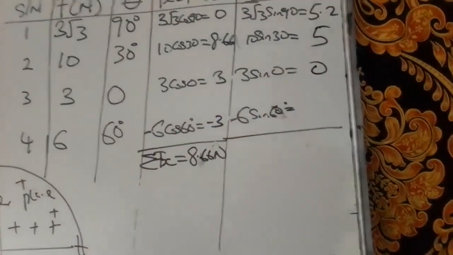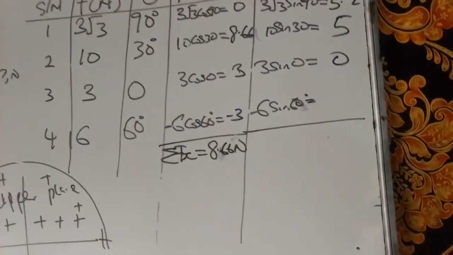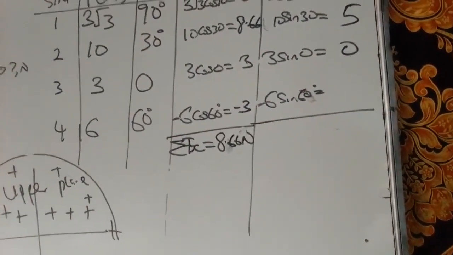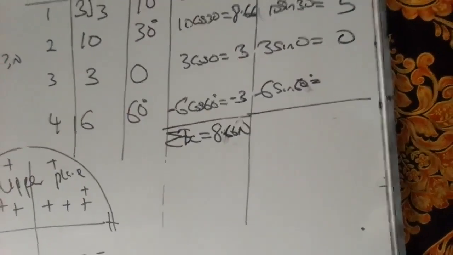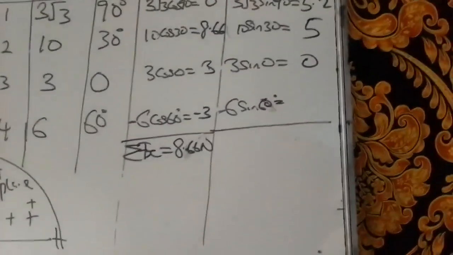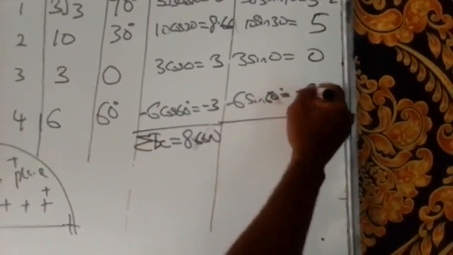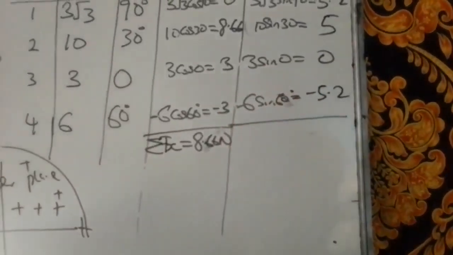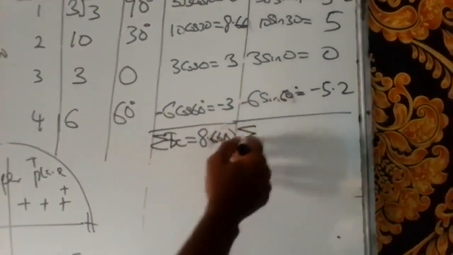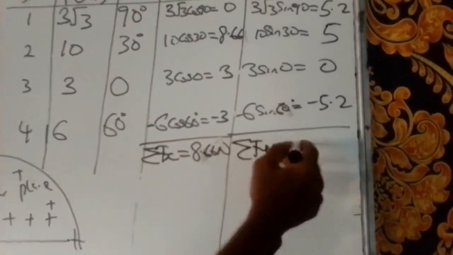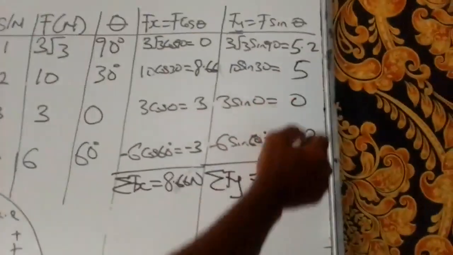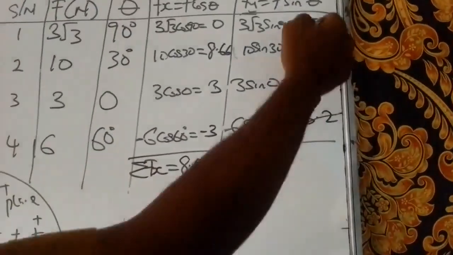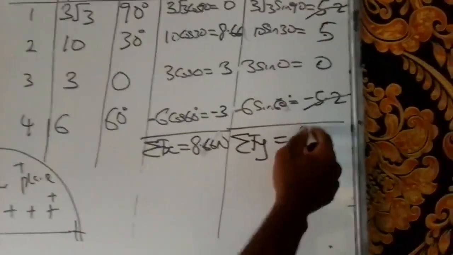Then minus 6 sine 60 gives us minus 5.2, because sine 60 is 0.866. Summing up to find our Fy, 5.2 minus 5.2 cancel out to give 0, then 5 plus 0 gives us 5 Newton.